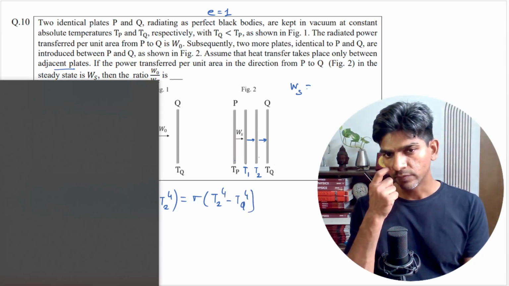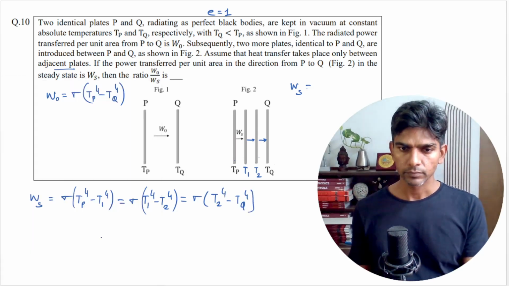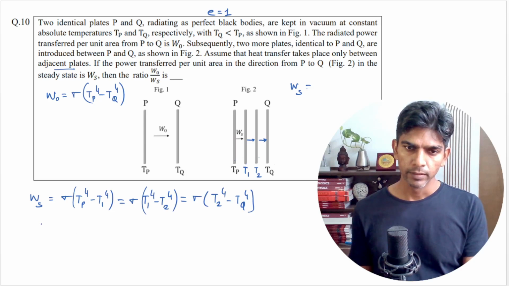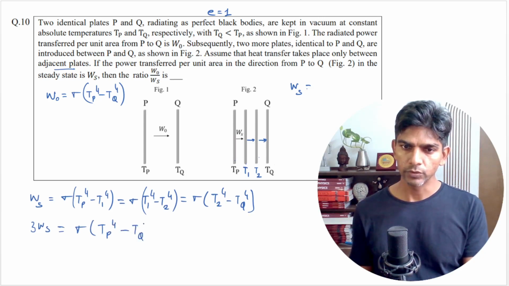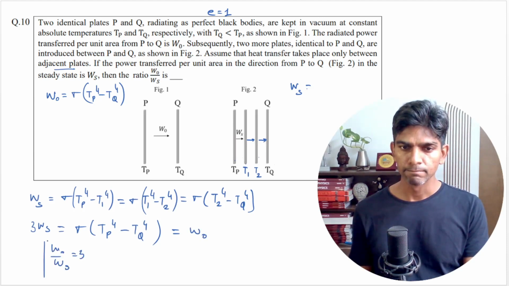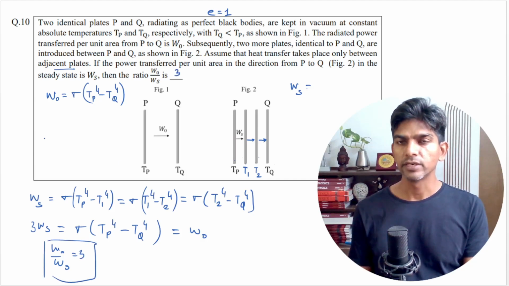Okay, so now basically we have to eliminate T1 and T2 from these equations. So let us add them. So if we add, we'll get 3Ws is equal to sigma times Tp raised to power 4 minus Tq raised to power 4. And this right hand side is nothing but W naught. So W naught by Ws comes out to be 3. Right? So 3 should be the answer of this question.